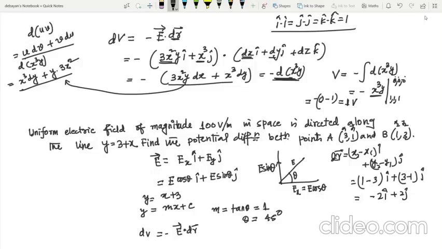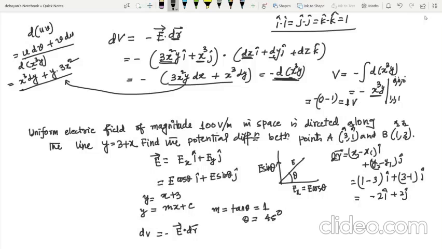So if we just place the thing, you can write E cos 45 i cap plus E sin 45 j cap, and dot minus 2 i cap plus 2 j cap.